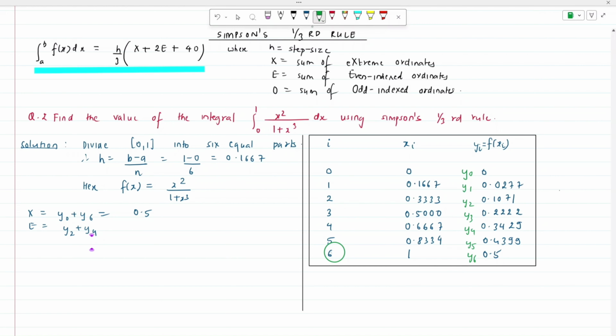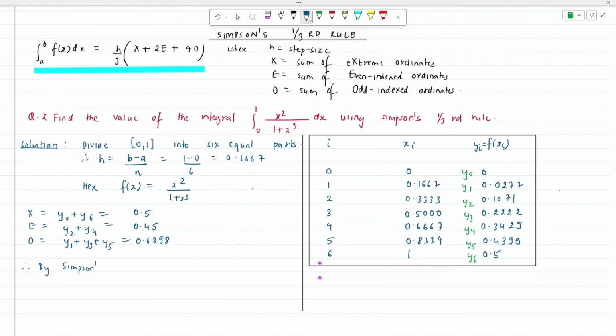So we are not going to count y6 in E. So now the sum of y2 and y4 is 0.4500. And lastly, we need the sum of odd indexed ordinates. That's going to be y1 plus y3 plus y5, and that is going to be 0.6898. So we can now call in the Simpson's one-third rule formula.